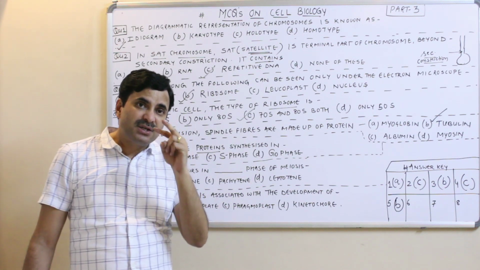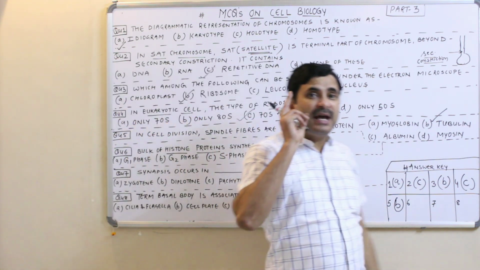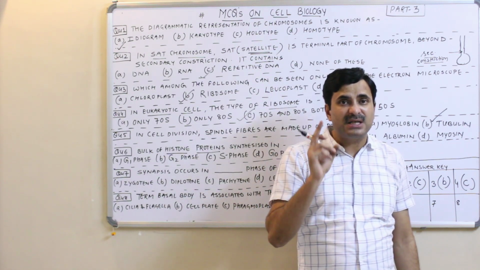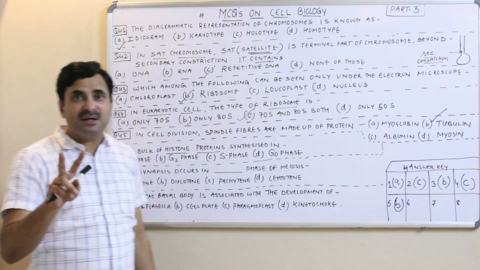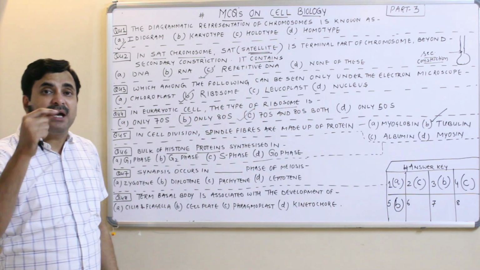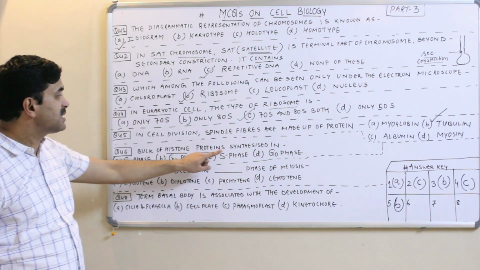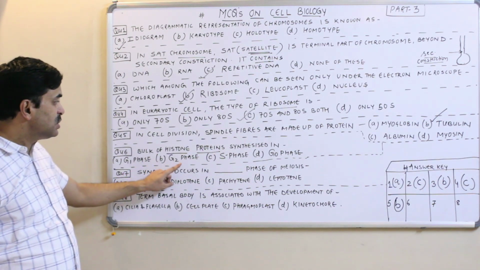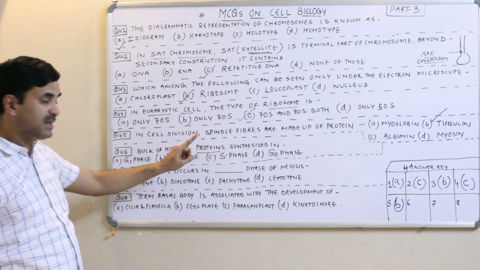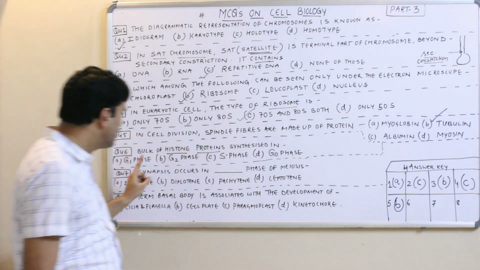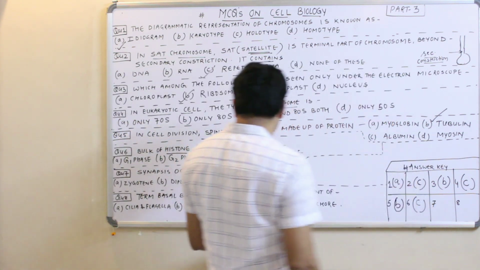One is DNA replication, that's why it is called the synthesis phase, and the other is the synthesis of the histone proteins. So the question is, is bulk of histone protein synthesized in G1 phase, G2 phase, S phase or G0 phase? Always remember it is synthesized in S phase. So question number 6 has the answer C, the S phase.